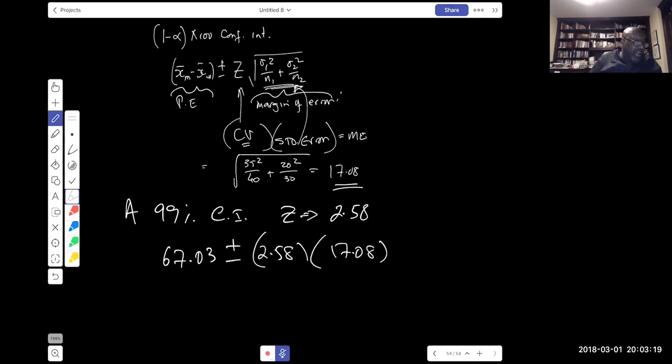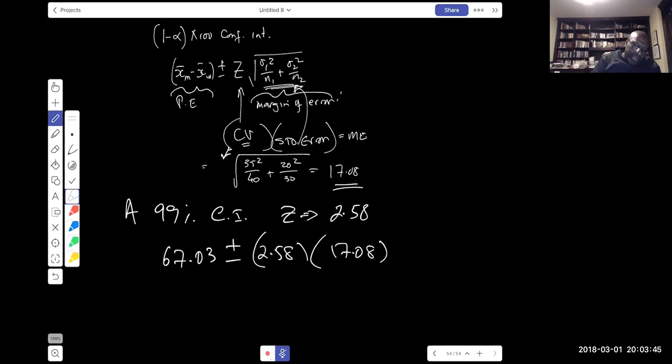When we put it all together, it turns out that that is 67.03. Oh, I made a mistake somewhere. I know what my mistake is, that I wanted the margin of error. The margin of error is 17.08, but I do not have the Z value in here.